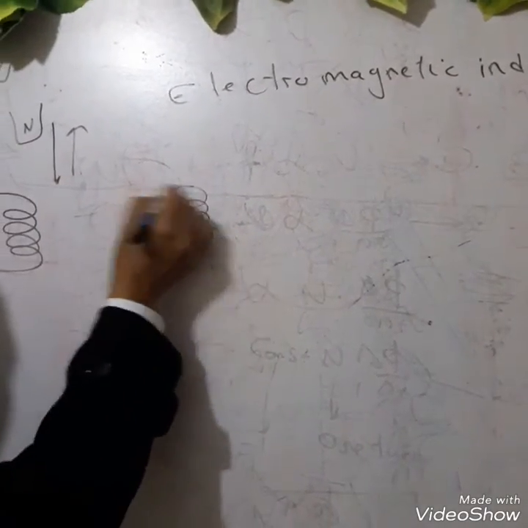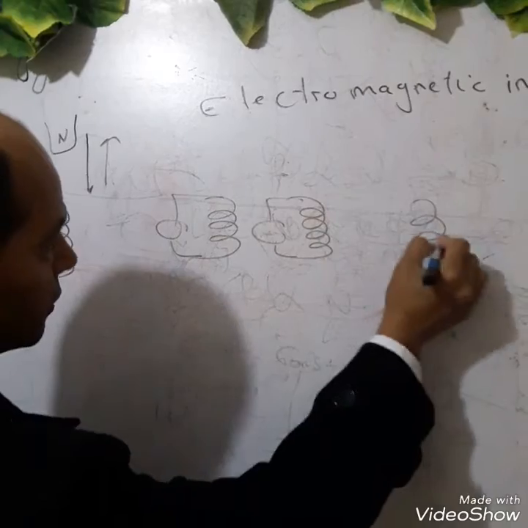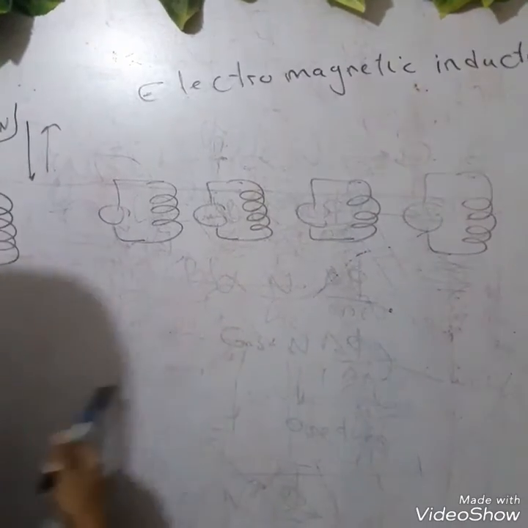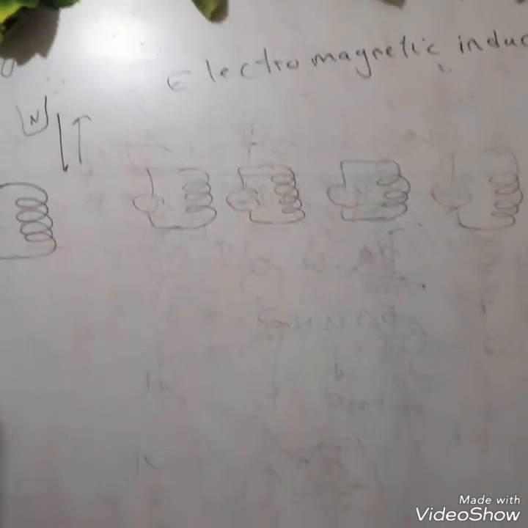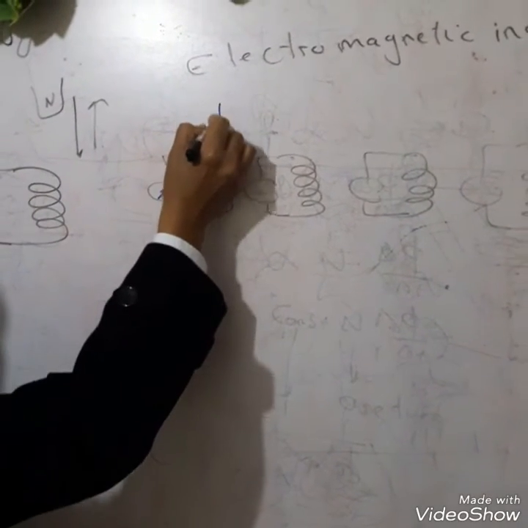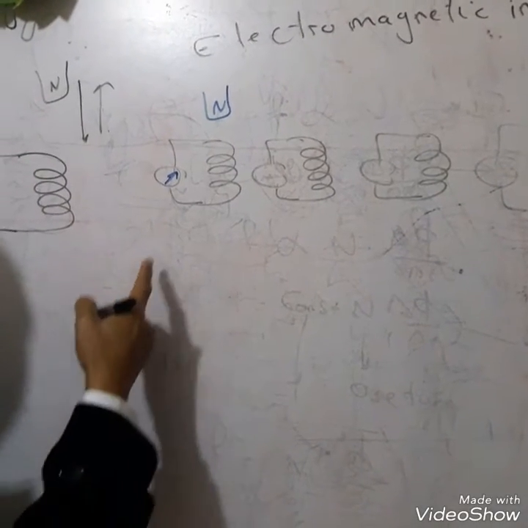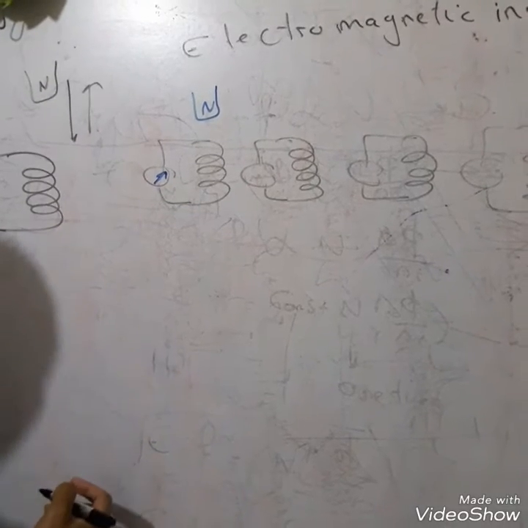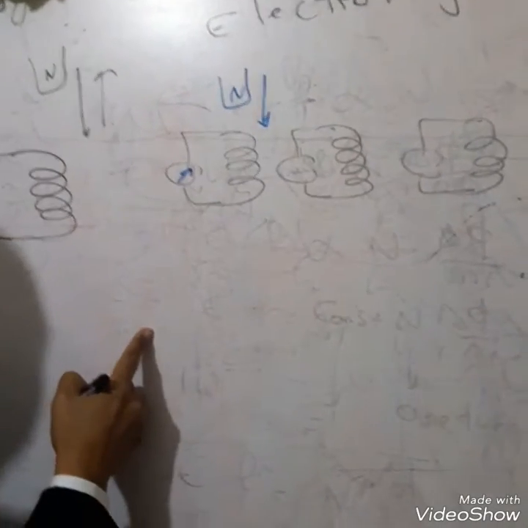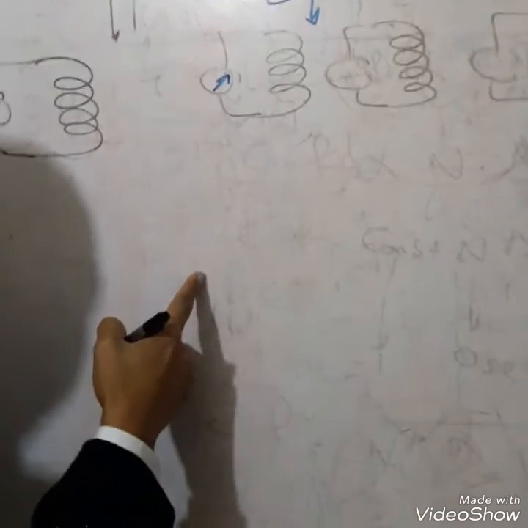If you have a coil and a galvanometer connected between the terminals of the coil, and a north pole of a magnet is plunged inside the coil or away, when it is plunged, meaning close, an electromotive force or electric current is induced inside the coil.